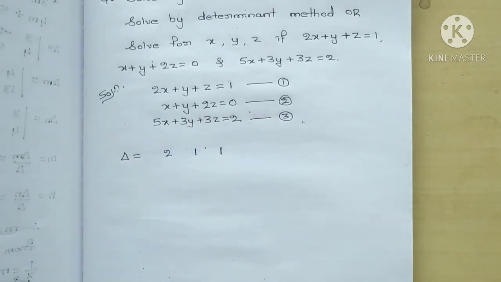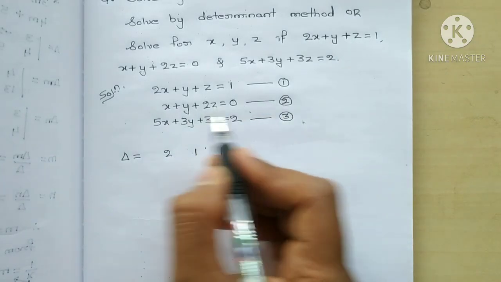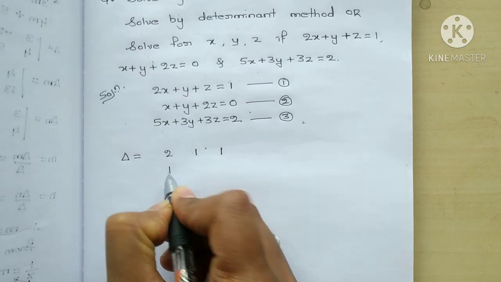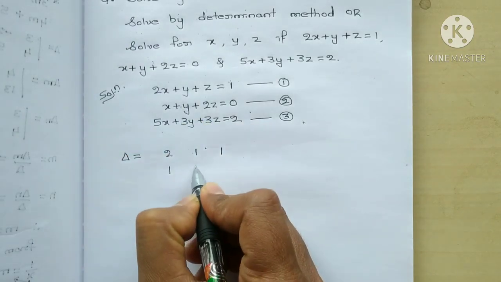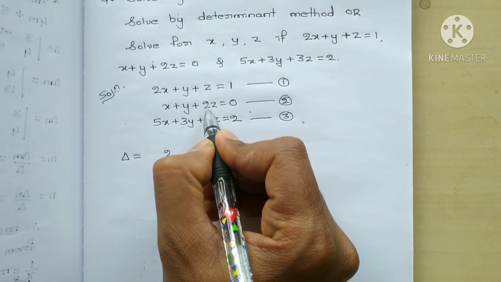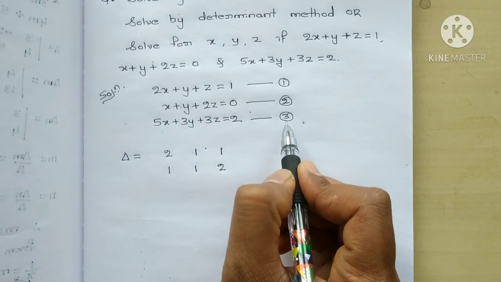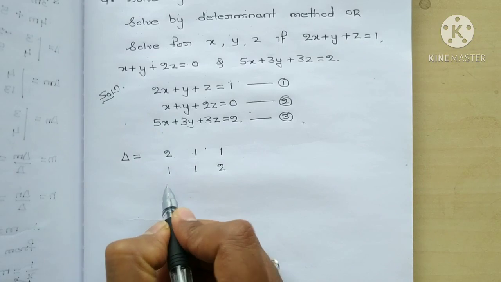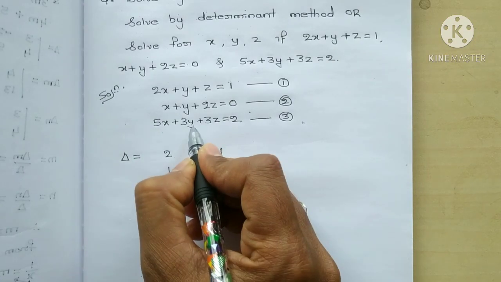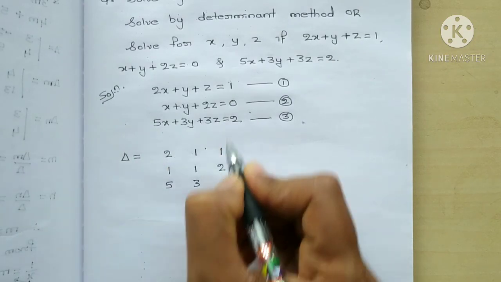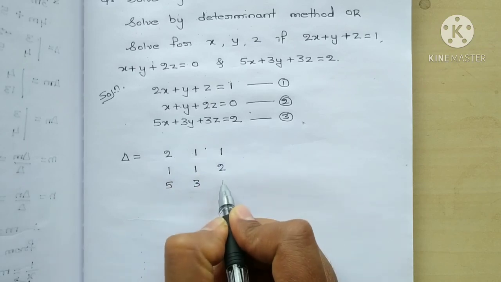Write it as the first row. Second equation, x coefficient is 1, y coefficient 1 and z coefficient is 2. Write it as the second row. Third equation, x coefficient is 5, y coefficient is 3 and z coefficient is again 3.